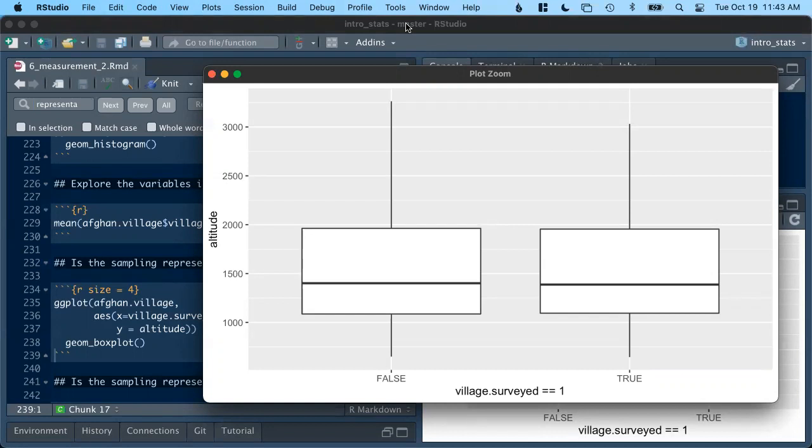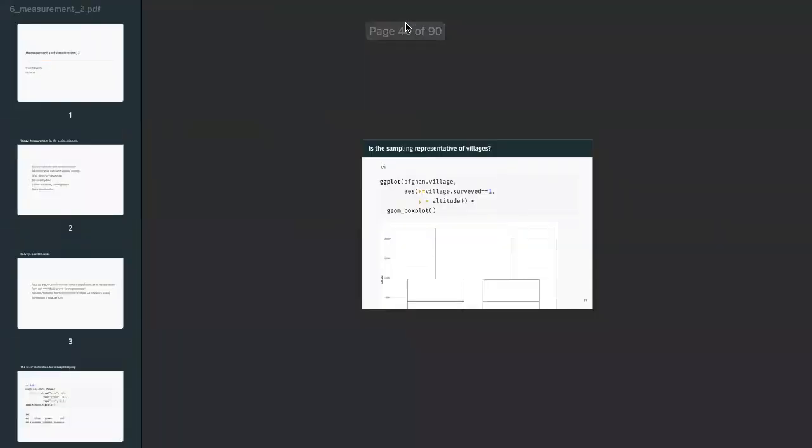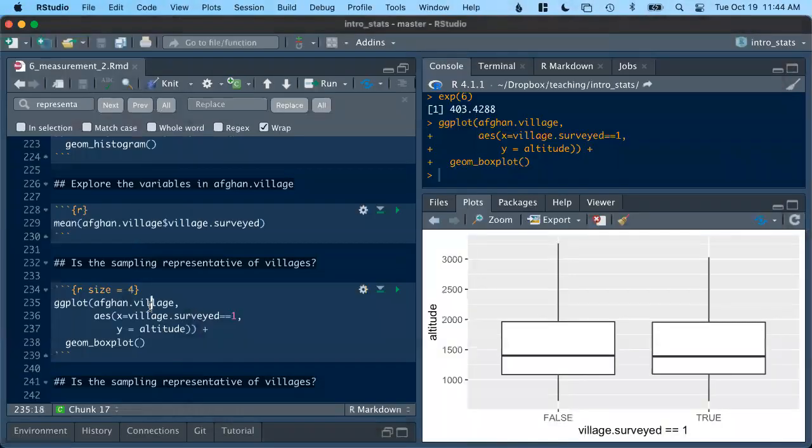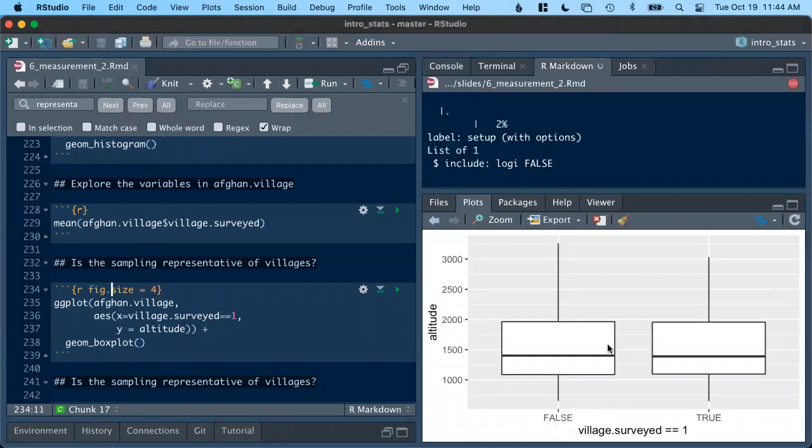Remember, in a box plot we're going to see the mean here, the interquartile range, the 75th and 25th percentiles, and then the 95th with the bars. Oh, good. Sorry. I'll upload the corrected slides when I'm done.